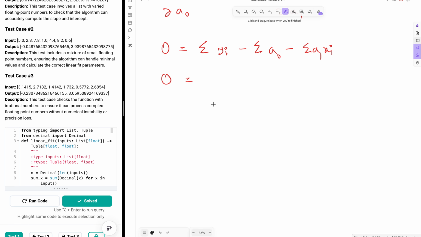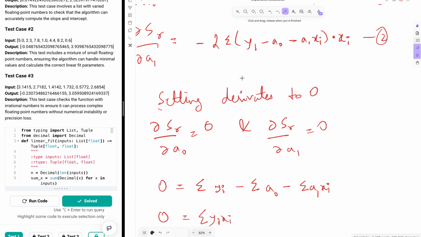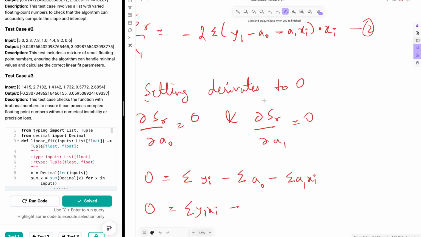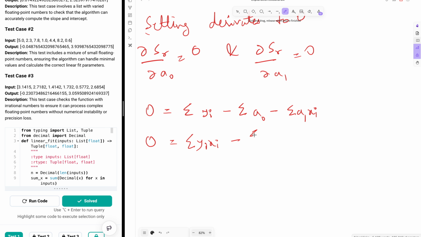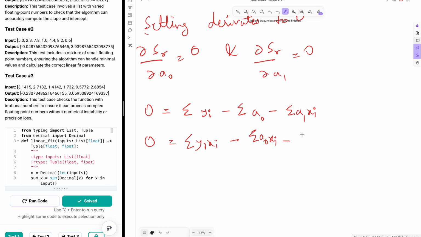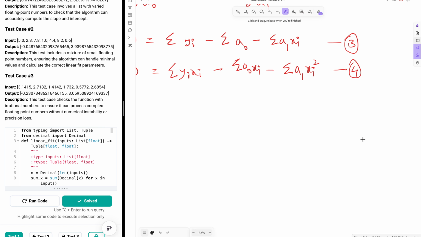For the second equation, this is summation of x_i y_i, multiplying it simultaneously, minus summation of a_0 x_i, and similarly minus summation of a_1 x_i squared. Let's name these equations 3 and 4.